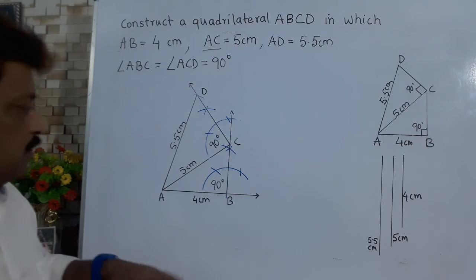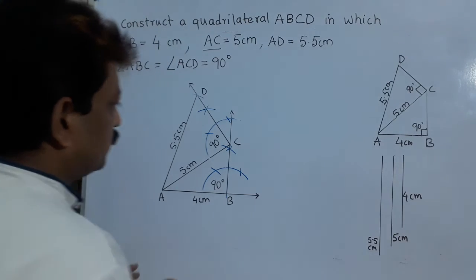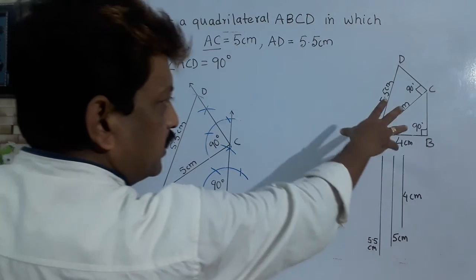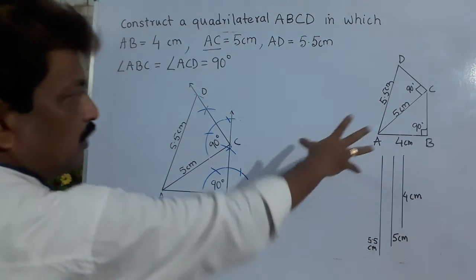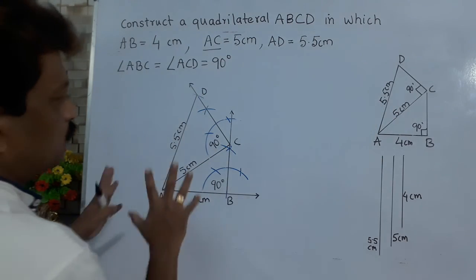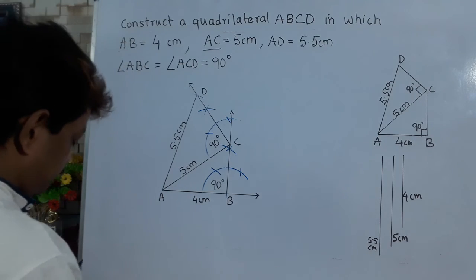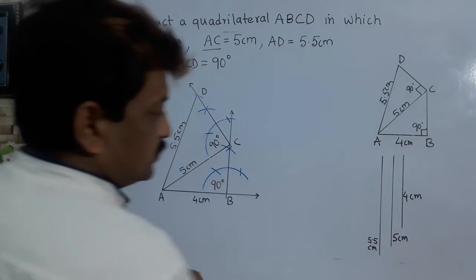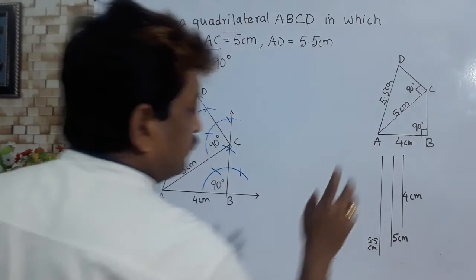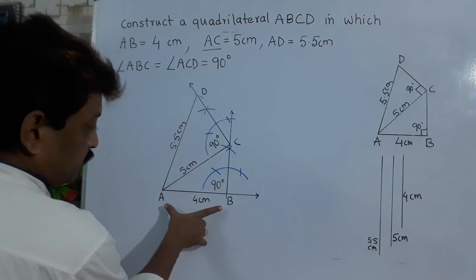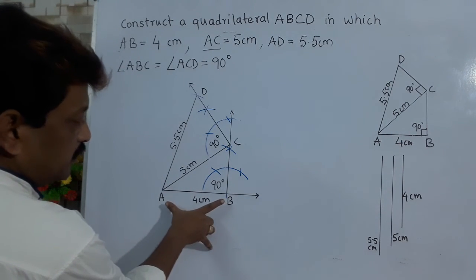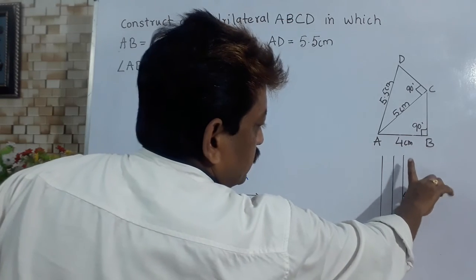Okay. So let me repeat the whole process again. First of all, with the help of this rough diagram, I've got an idea how to locate the point and where to locate the points. So first of all, since AB is given and angle B is given 90 degree, AB equals to 4 centimeter. The length is taken from this line.